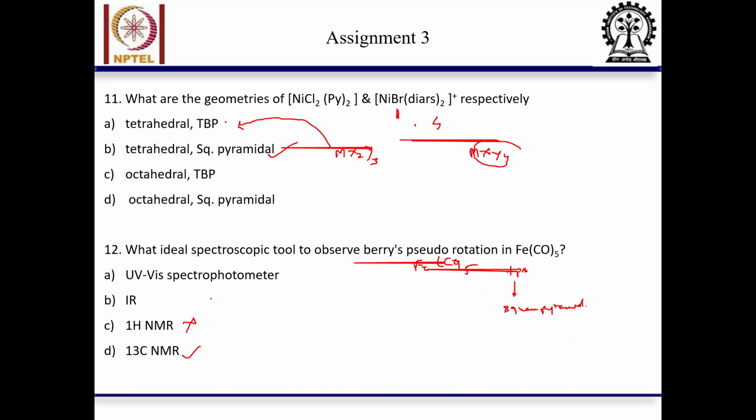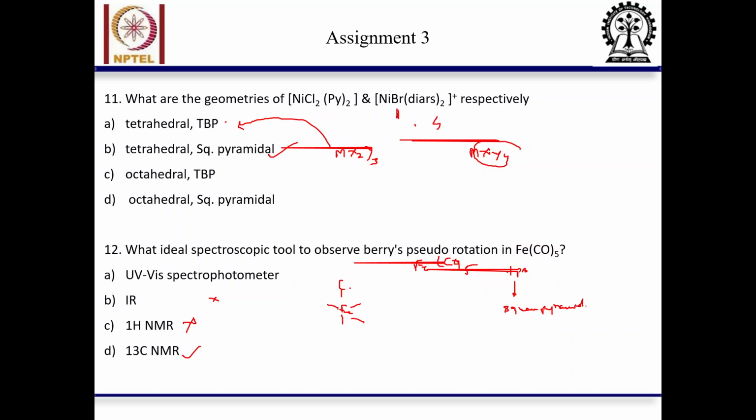IR will be the stretching frequency of CO. So in both cases, CO frequency will be same. UV spectroscopy, I don't think any UV-visible absorption spectra will change for Fe(CO)5. But it is good for 13C NMR. So in 13C NMR we have different kinds of carbon attached to the iron center.